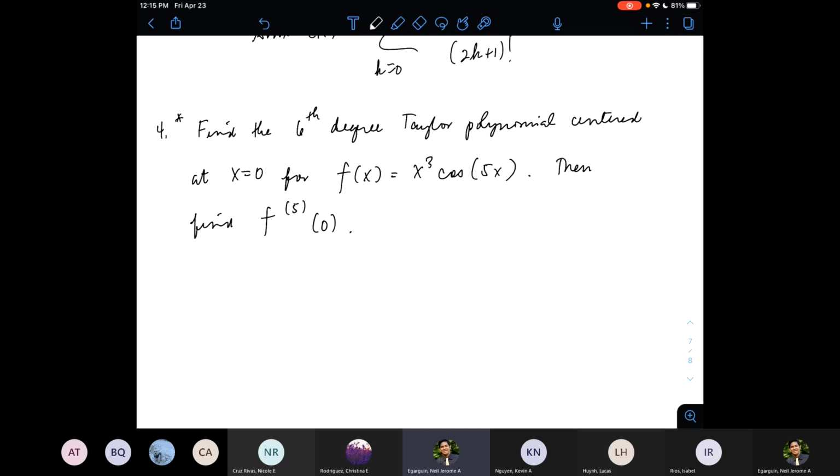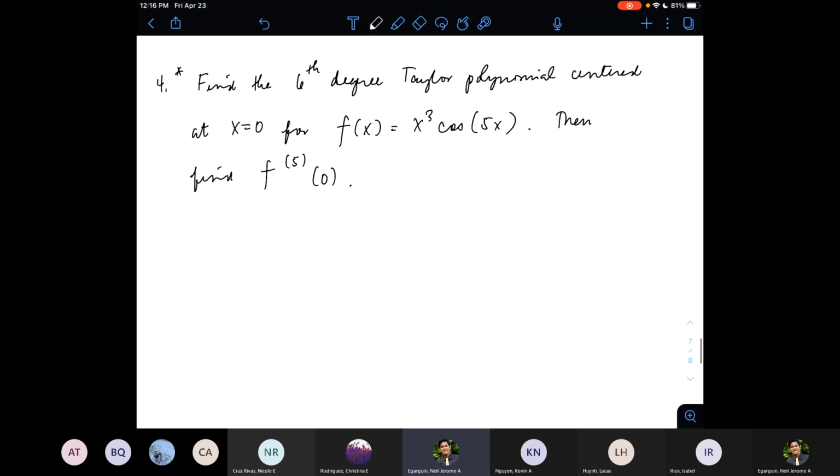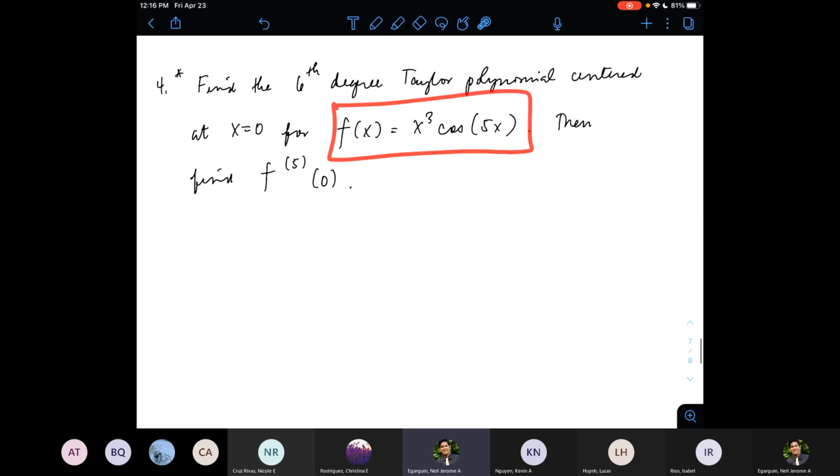Though that should be... I don't know what they... okay, I see. I see what they want to do here. All right. So yeah, our function here is this guy, x cubed cosine. So this is our function that we want to get the 6th-degree Taylor polynomial for.